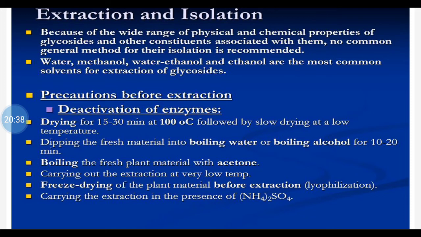Then dipping the fresh material into boiling water or boiling alcohol for 10 to 20 minutes also will result in deactivation of enzymes. Alternatively, the fresh plant material can be boiled with acetone, isn't it? Then carrying out extraction at very low temperature, freeze drying of the plant material before extraction, and carrying out the extraction in presence of a compound. Various compounds can be used.